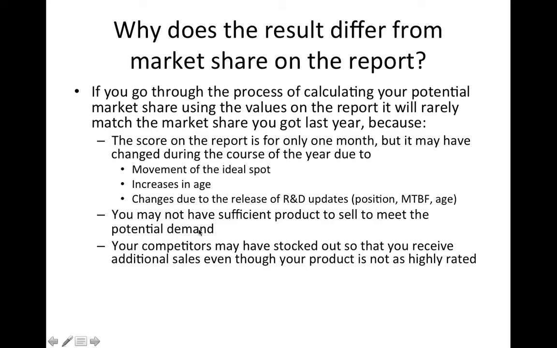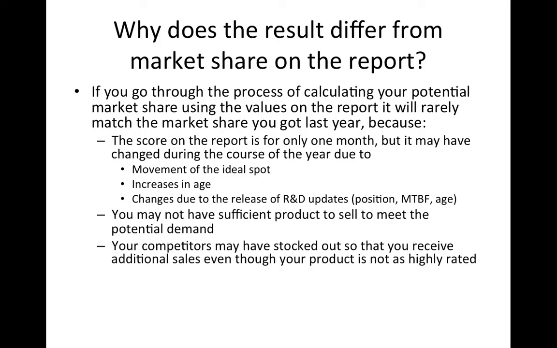And so when you look on the marketing report or in your segment reports and see this notion of a potential market share, that is CapSim basically saying, having aggregated all of the share that you could have sold each month over the course of the year and averaging that out, that would have been how much you would have sold for the whole year if you'd had enough product to sell in those months.